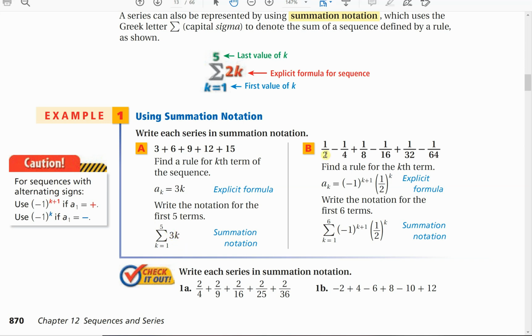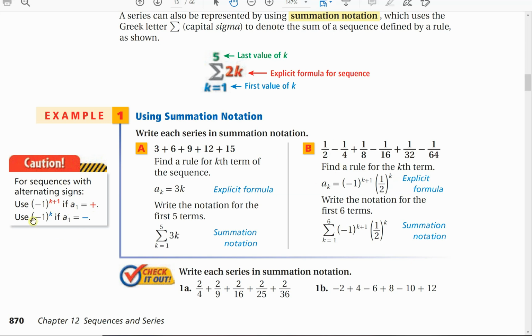If I have these fractions, and I'm adding and subtracting, all right, so I have 1/2 minus 1/4 plus 1/8 minus 1/16. The rule is going to be basically 1/2 to the k power. But since I'm alternating pluses and minuses, if you start with a positive, you're going to use (-1) to the k plus 1 power.